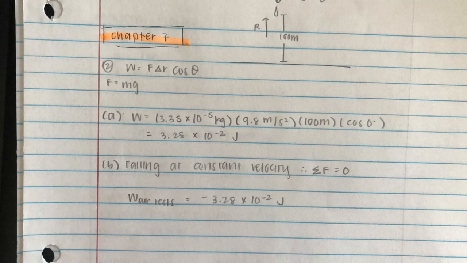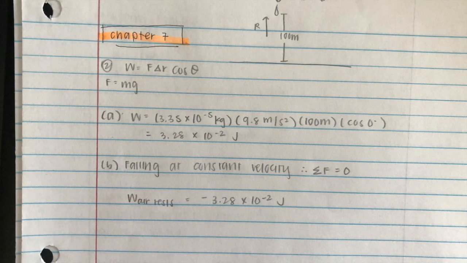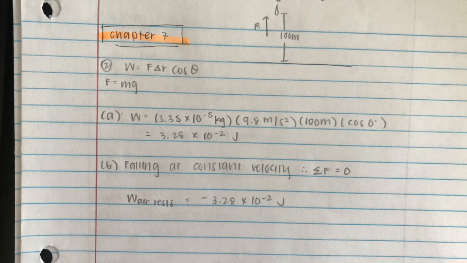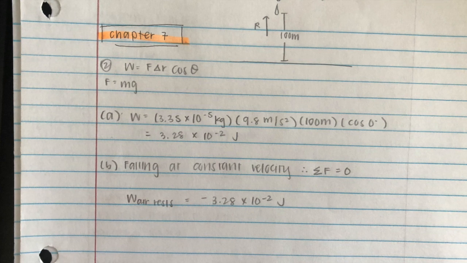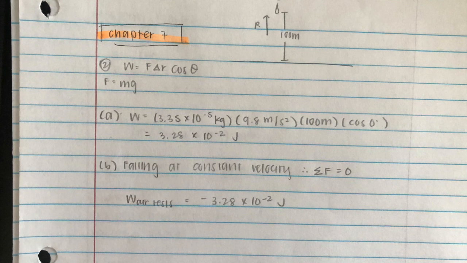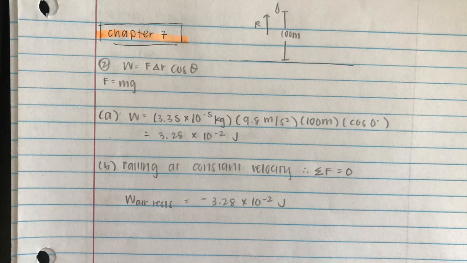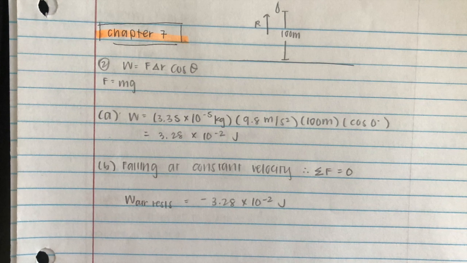Part B asks us to calculate the work done on the raindrop by the air resistance. In the problem, it mentions that the raindrop is falling at a constant speed. Therefore, we can deduce that the sum of the forces acting on the raindrop is going to equal 0.